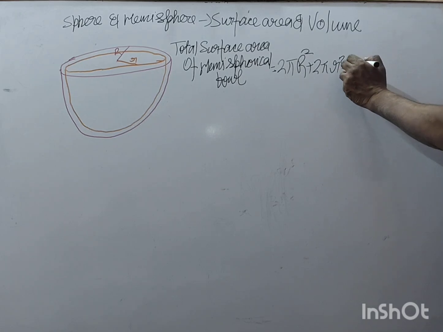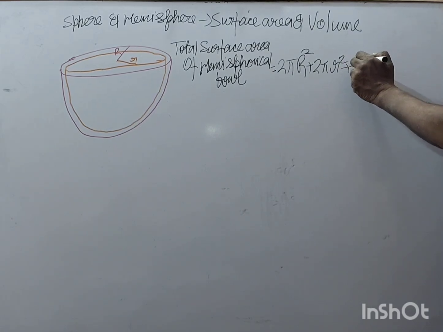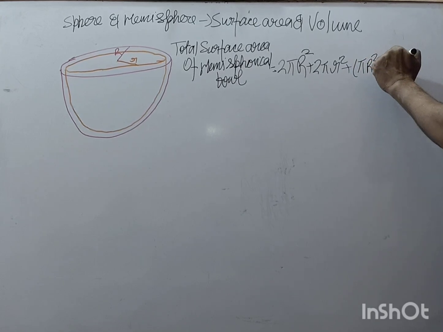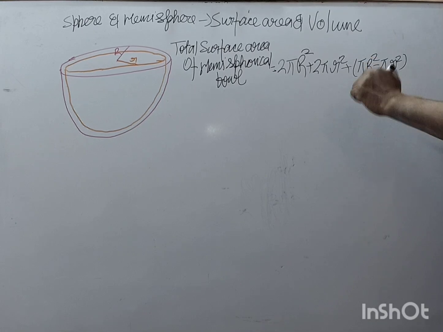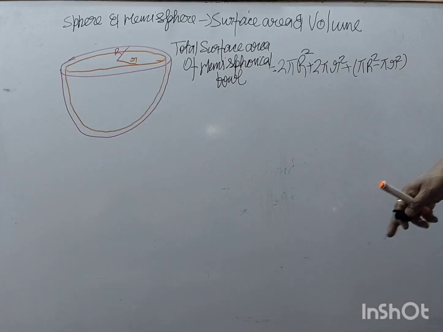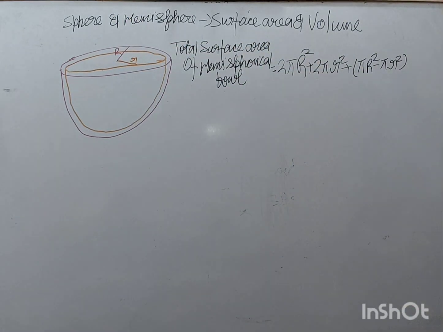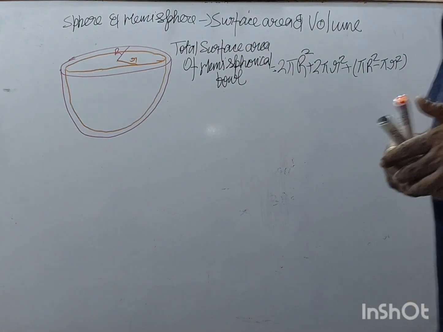Plus pi capital R square minus pi small r square. This is total surface area of this hemispherical bowl, right? And how you get the volume?